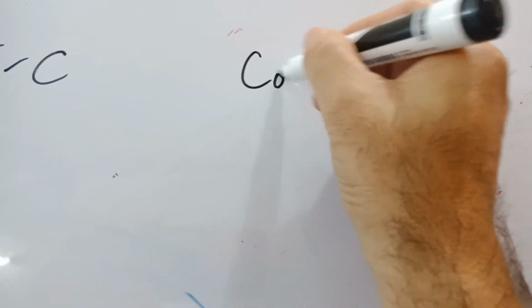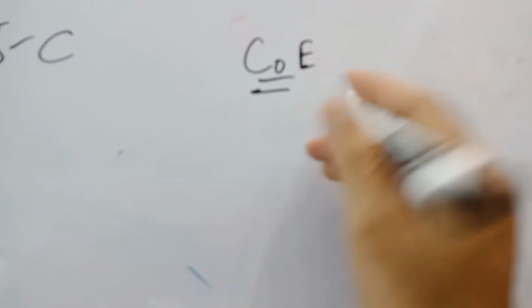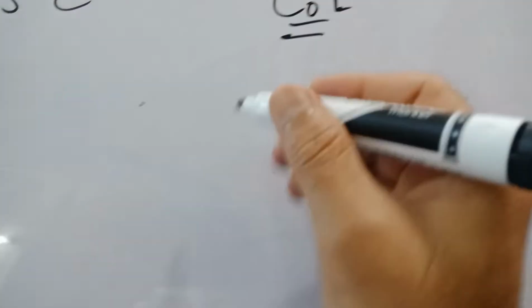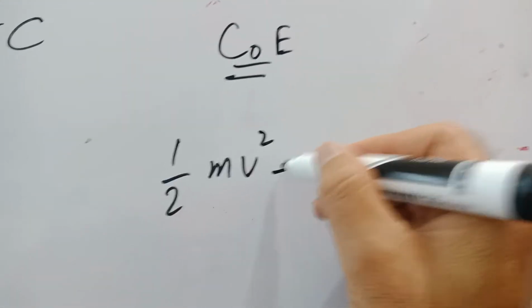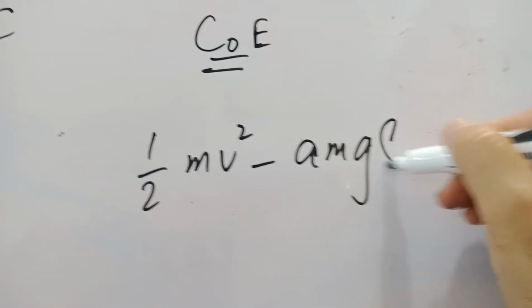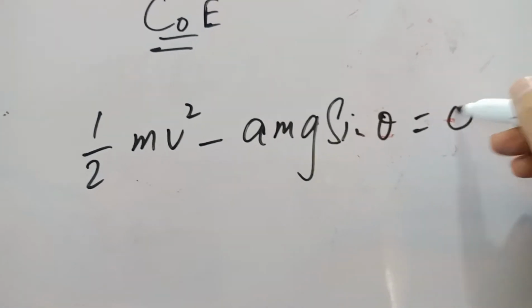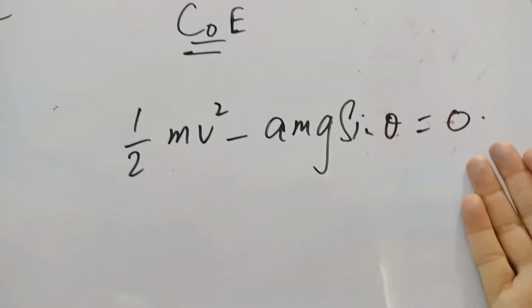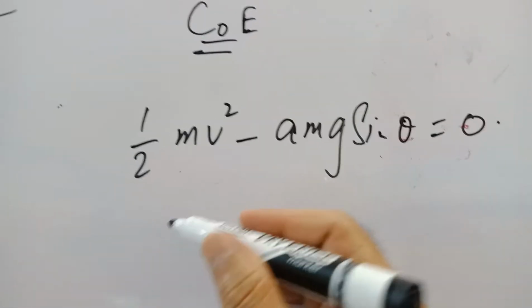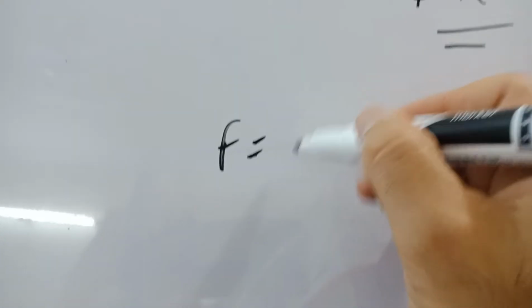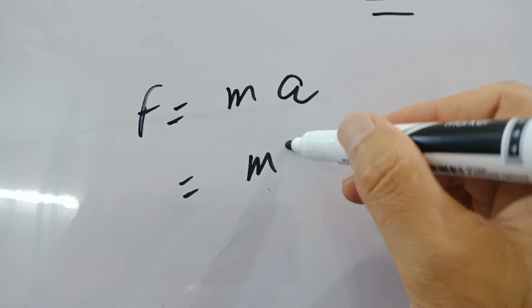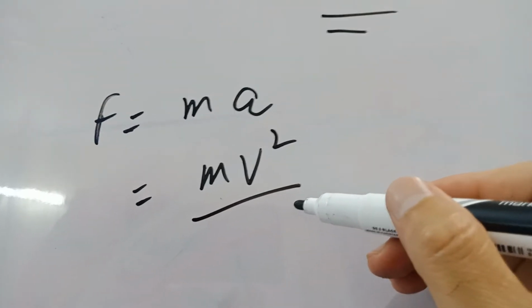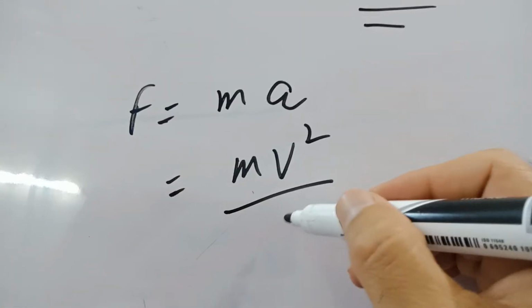Through the conservation of energy, the sum of these energies, half mv squared minus a mg sine theta, is equal to 0, because the sum of the energies is initially 0. We always need this when we apply F equals ma, so this becomes mv squared over R, and R is a right now.